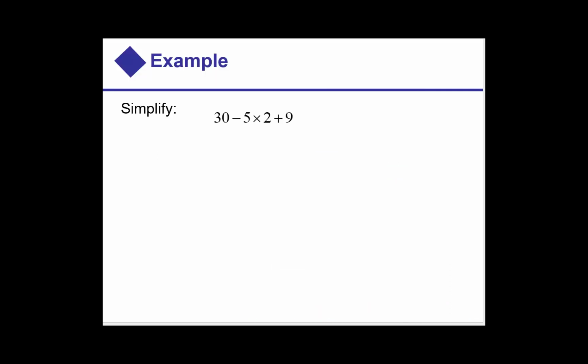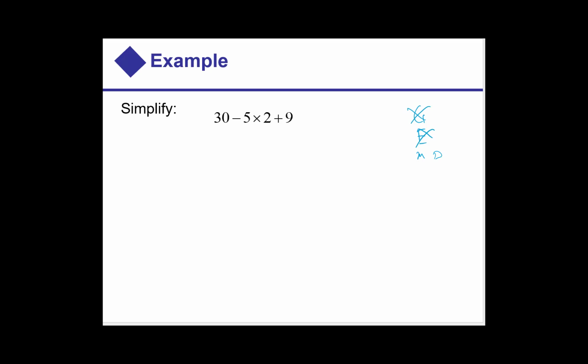Okay, what's x? Well, there's no x's. It's just numbers. So we can actually get the value, but we have to follow the order of operations to get the value. So what goes first? Well, we look for groups. There's no groups. We look for exponents. No exponents. We look for multiplies and divides.